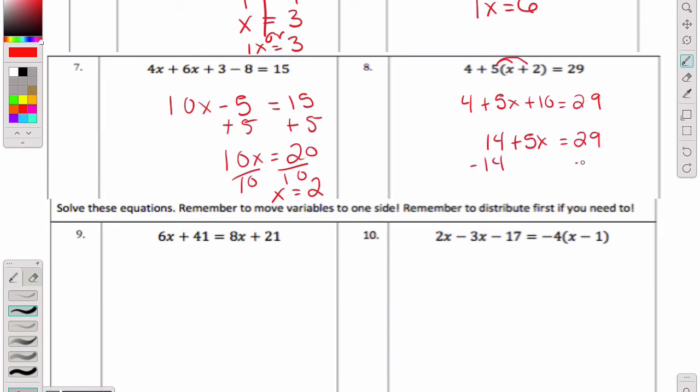Subtract 14 on both sides. Keep it balanced. These make 0. We end up with 5x equals 15. We divide by 5 on both sides, and we get x equal to 3. All right.